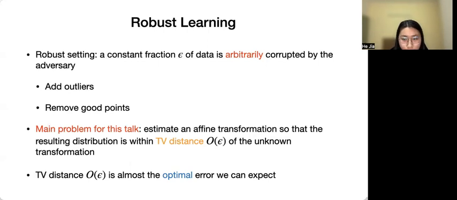Because the adversary can manipulate an epsilon fraction of the points, they can replace the true cube with another cube that has TV distance epsilon. That means we can't do better than epsilon. Our goal is to recover it within a constant times epsilon, so it's optimal up to a small constant.